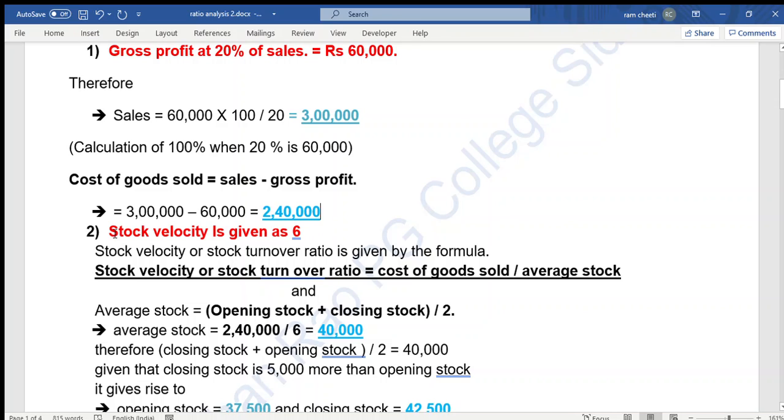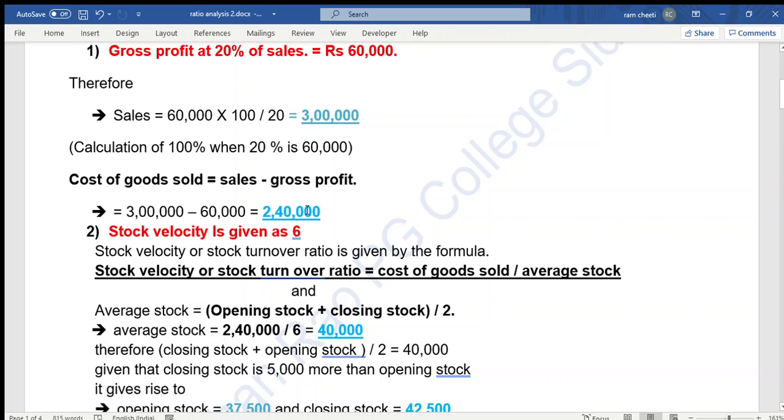And stock velocity is given as 6, that is, the stock turnover ratio. The formula for that is cost of goods sold divided by average stock, and average stock in turn is equal to opening stock plus closing stock divided by 2.